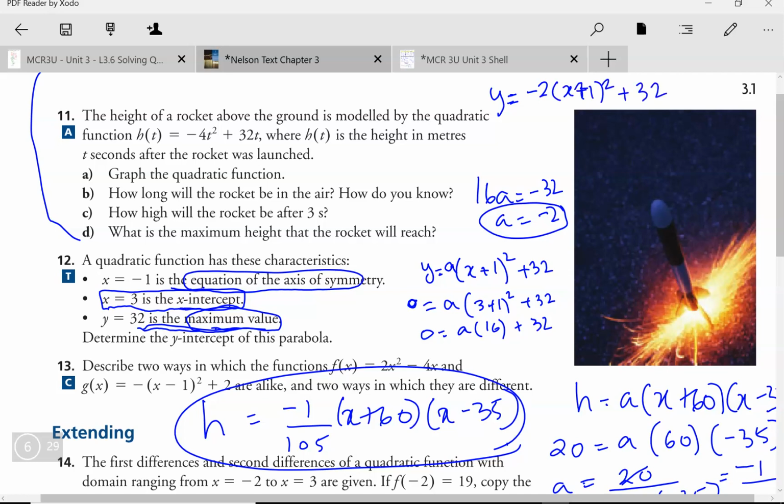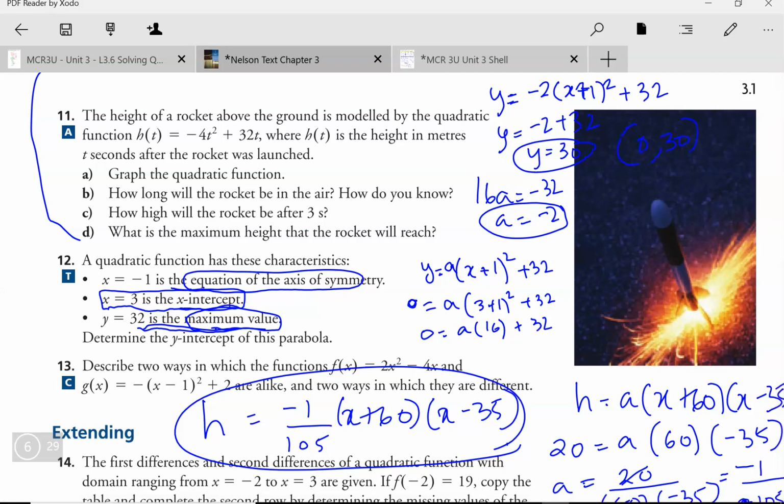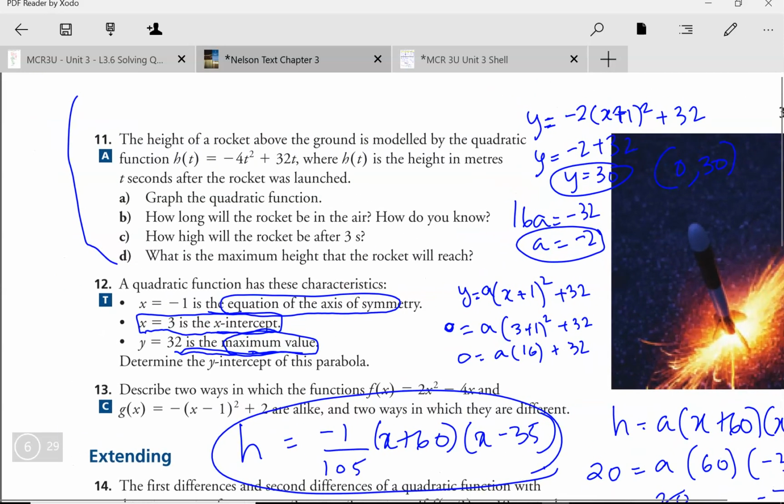To find the y-intercept, I know that's where the x value is 0, so I just put in an x value of 0 here. y equals -2 times (0 plus 1) squared, plus 32. So y equals 30 is my y-intercept. So (0, 30) is the y-intercept. So that's how I found that. Again, just putting together pieces of information.